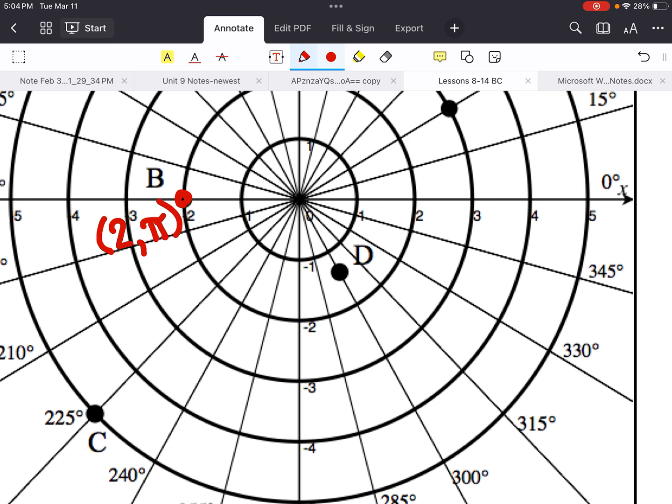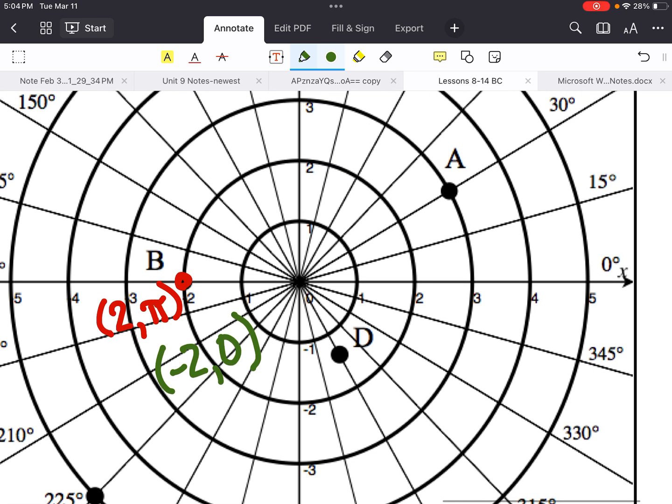I could also, though, say that that is negative 2 units at an angle of 0 radians. So the negative radius is sometimes kind of weird to think about, but it's basically saying it's 2 units in the opposite direction of 0 degrees.